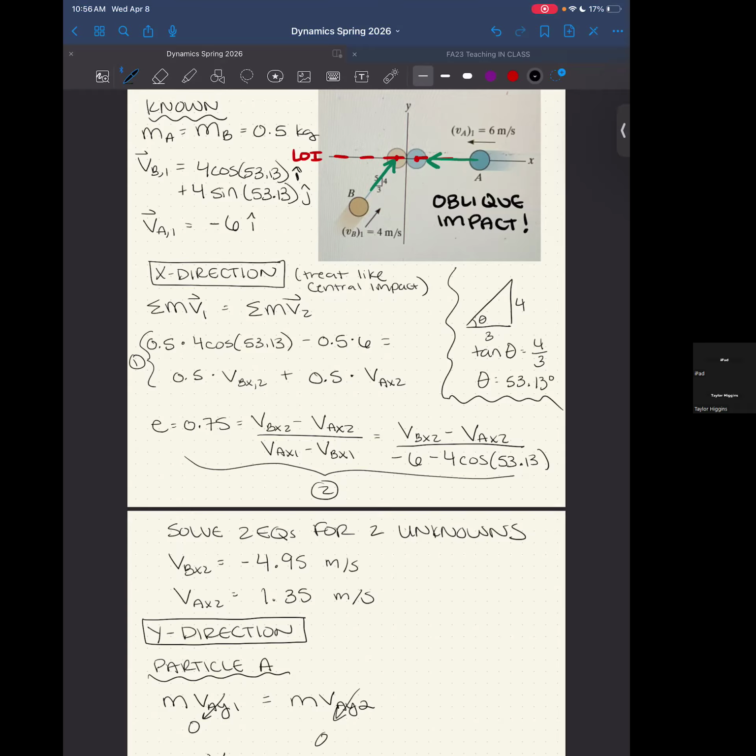But those two things will always be equal and opposite. Okay, so that makes sense. Because we're treating them as a system, those two things cancel, and I'm left with just the MV1s and MV2s. So let's say if this was flipped 90 degrees, I could use the sum to find it in the y direction.